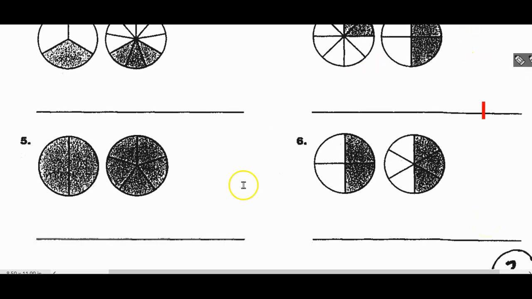All right. So number 5. Is it equivalent? Yes, the whole thing is shaded in. How about 6? Yes. Look at it again. Are the same amounts shaded in? Yes, this is half shaded in, and so is this.